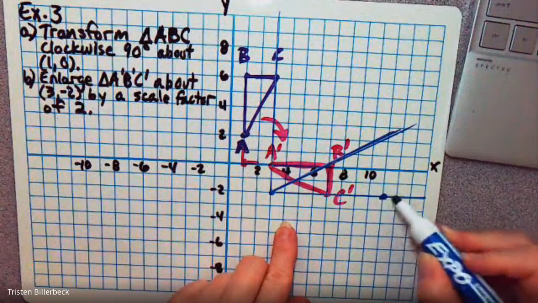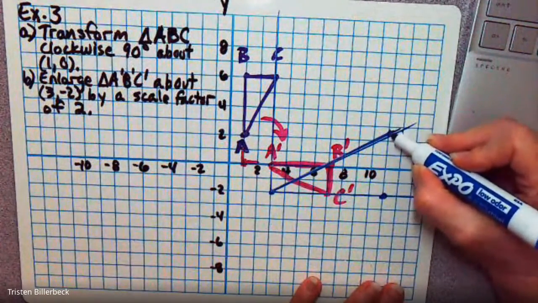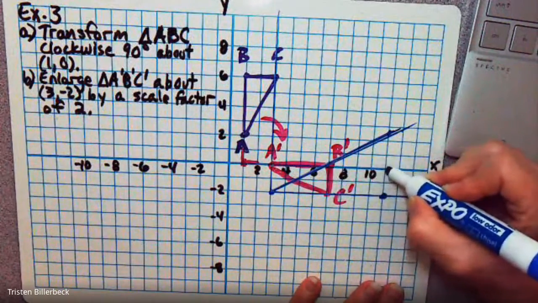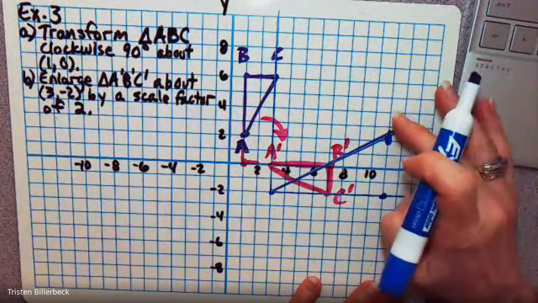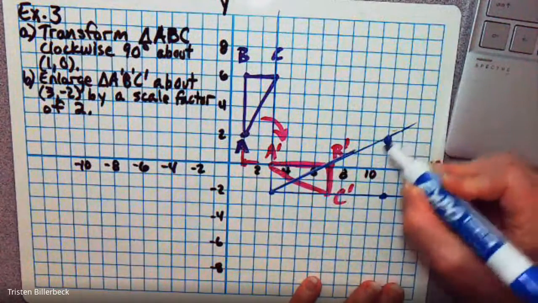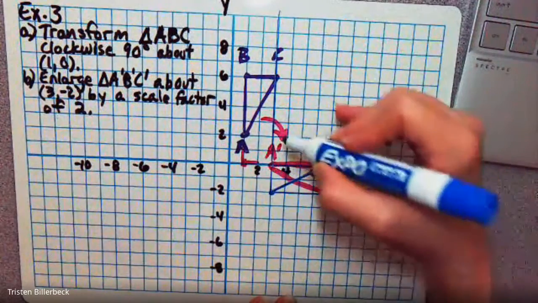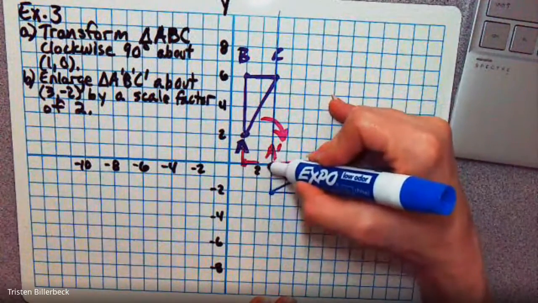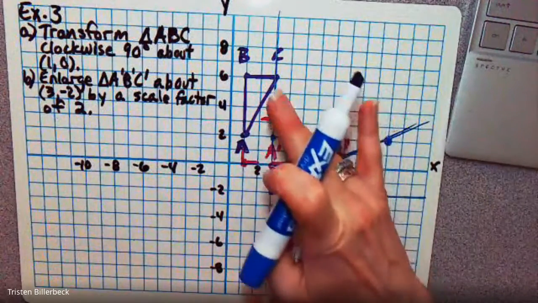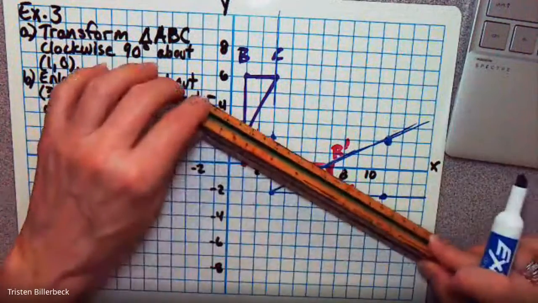So we have a new point here, which means we have a new point here. Let's make sure I did that, 1, 2, 3. It'd be right here because my line's just a little off. So a new point right there, and that means my new point is right here. If this is 1, 2, 3, 4, it's right here. So I have an enlargement that looks like this.